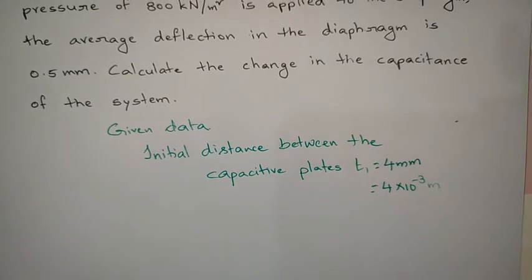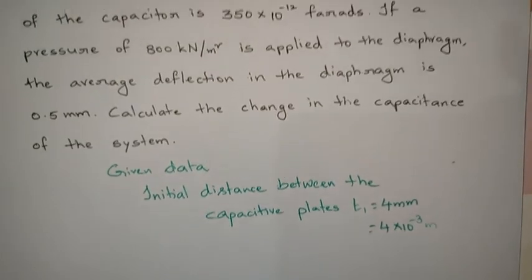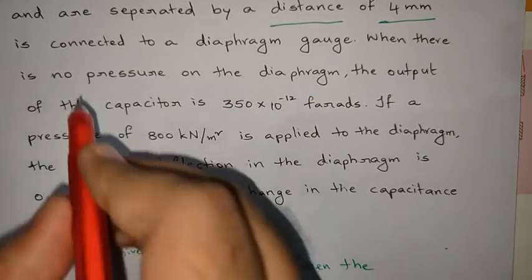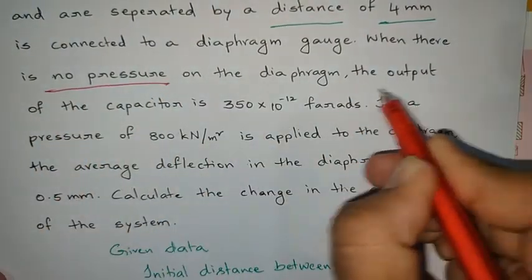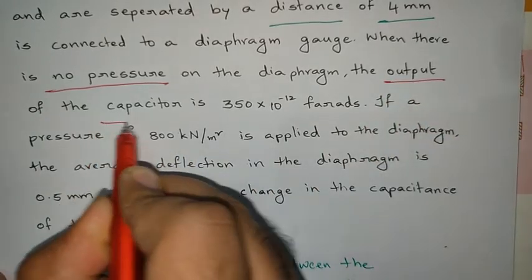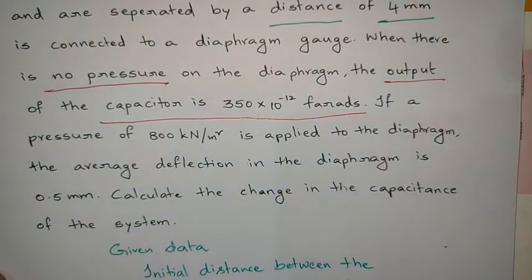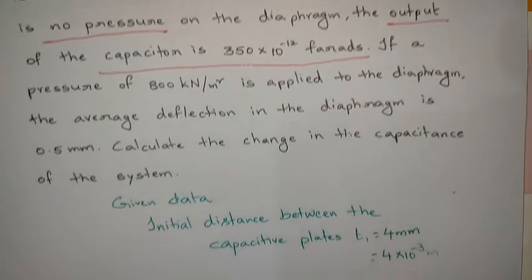And next, what is the other data given to us? The output of the capacitor is given. So when there is no pressure acting, the capacitance or the output of the capacitor is 350 into 10 power minus 12 farads.